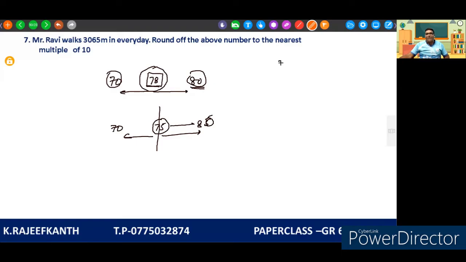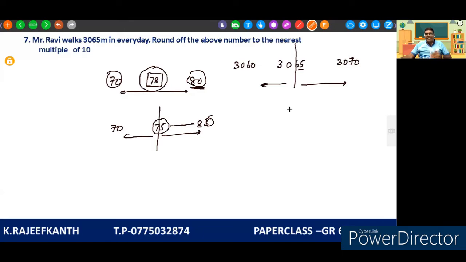Here this is 3065. Now we have to know that this 3065 is between 3060 and 3070, isn't it? Here this 5 is the middle, the differences are equal.